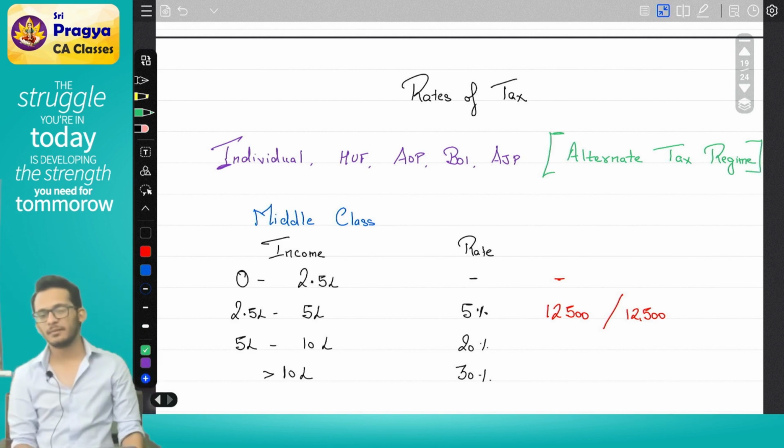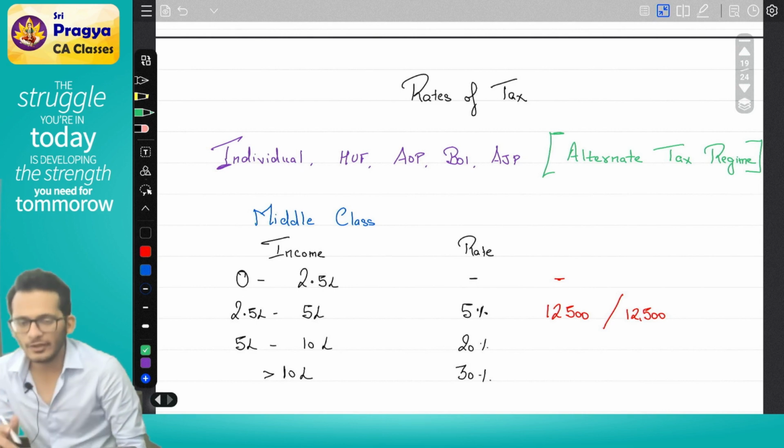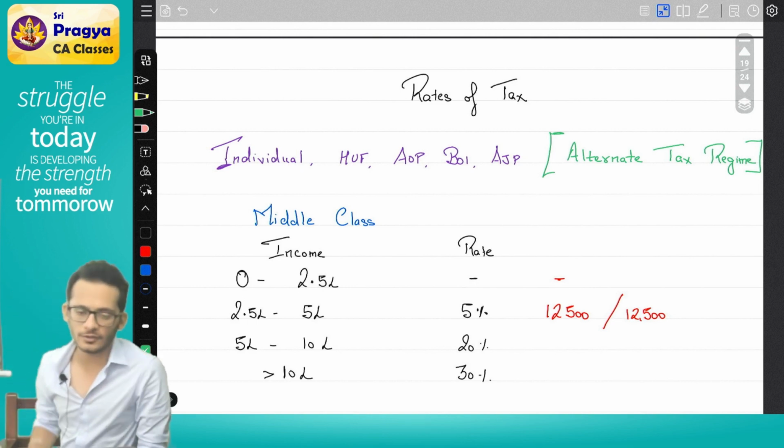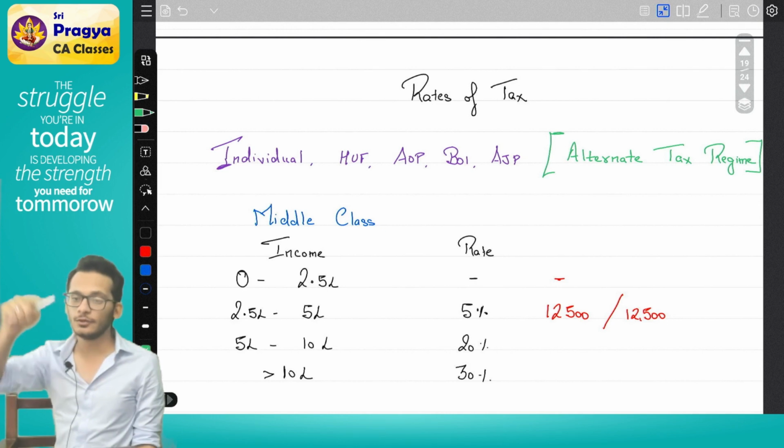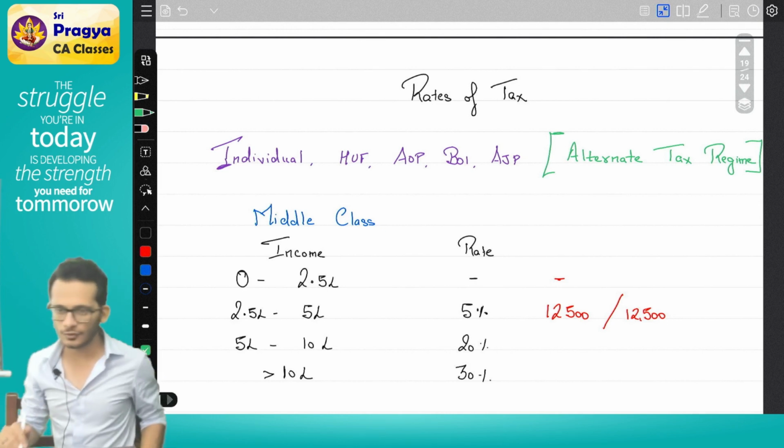In simple words, for one person I'm giving two options. You can opt for this or you can opt for that, which means you need to choose.